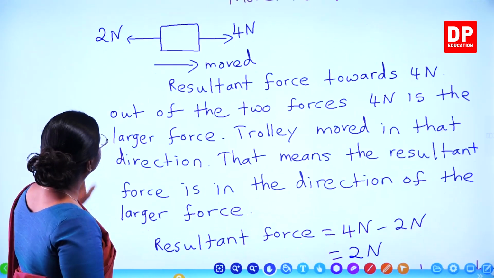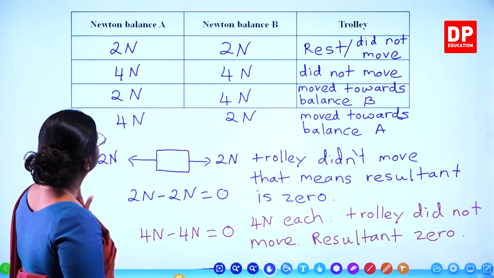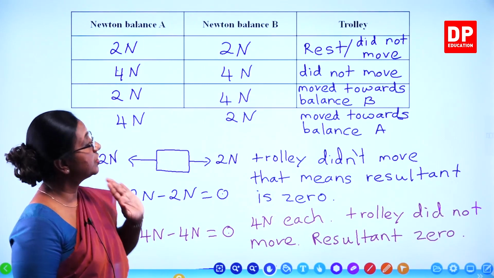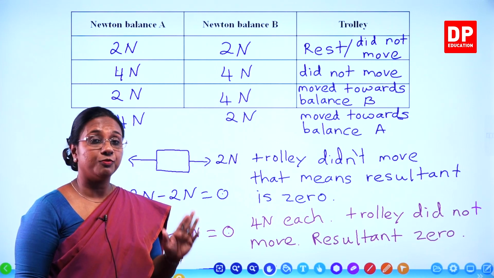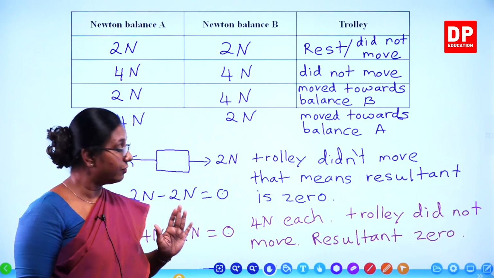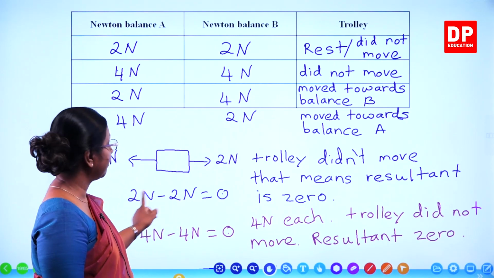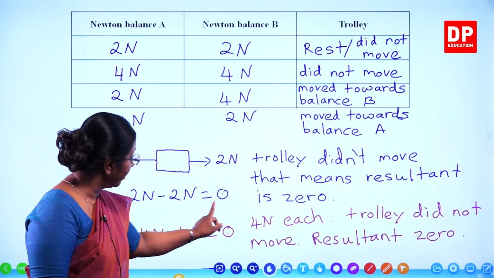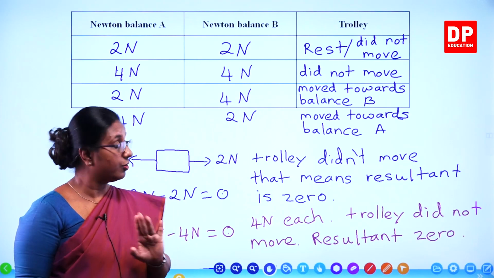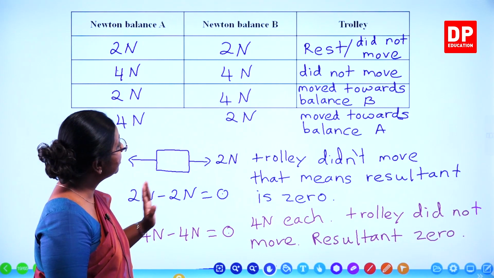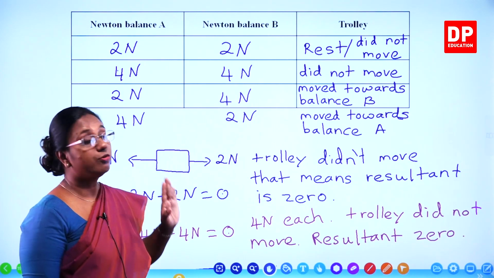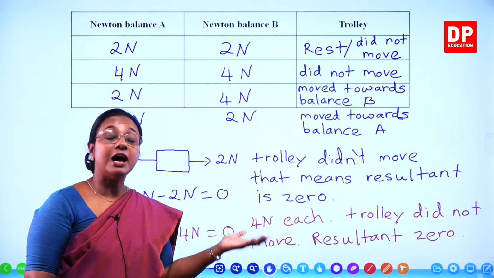So if I just go back to the results. Here you can see when the forces were equal, trolley did not move. That means the resultant is 0. So to get a 0 value for resultant, we have to subtract one from the other. And they are equal, so value 0. That you know. But from the last two observations, you can see the trolley moved towards the direction of the larger force.